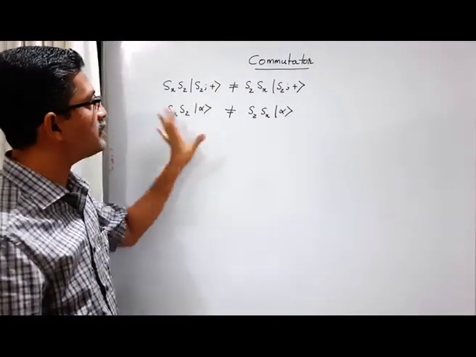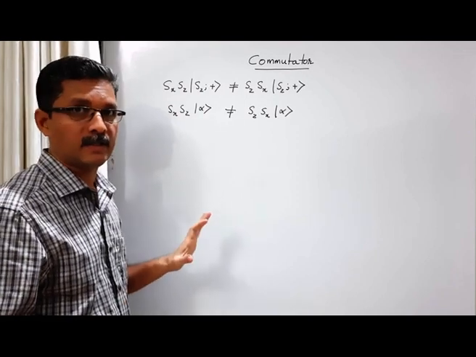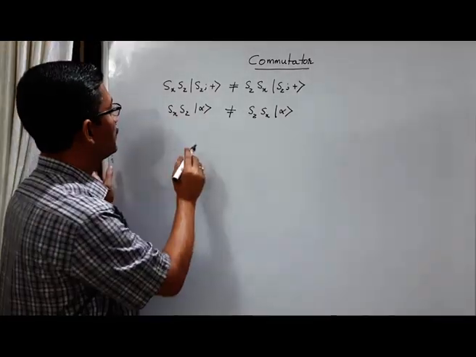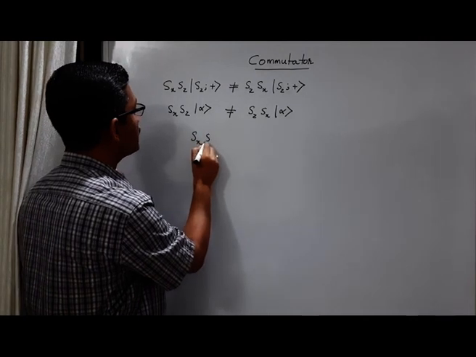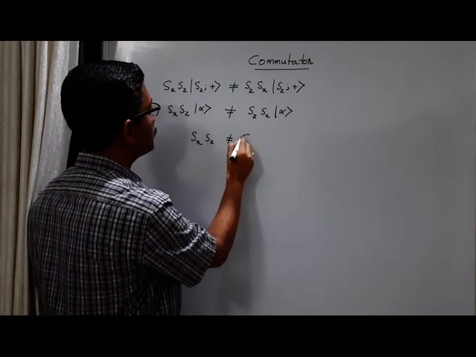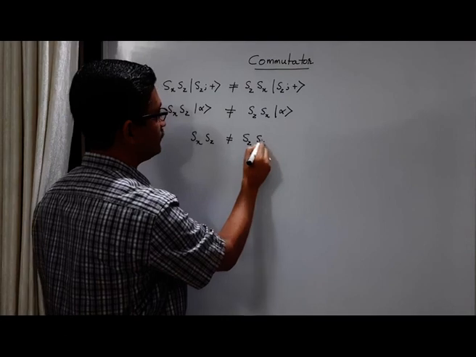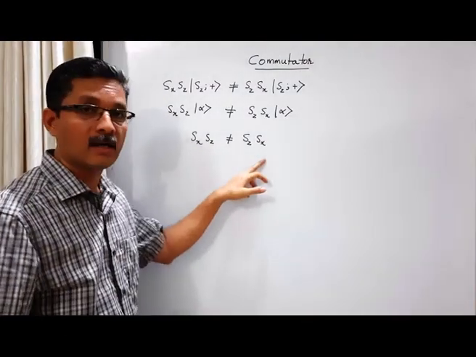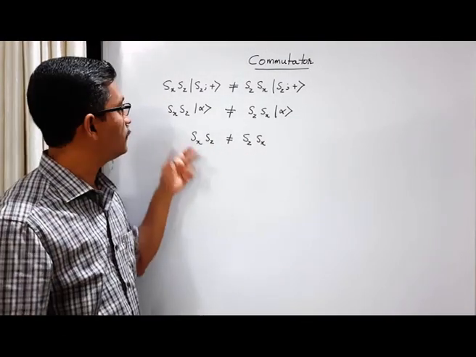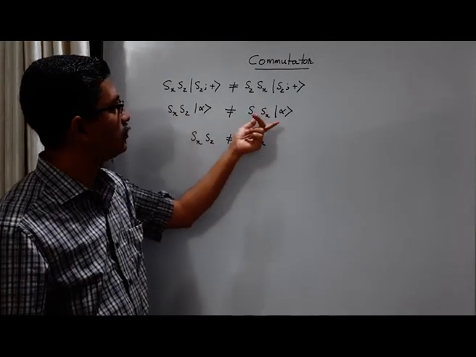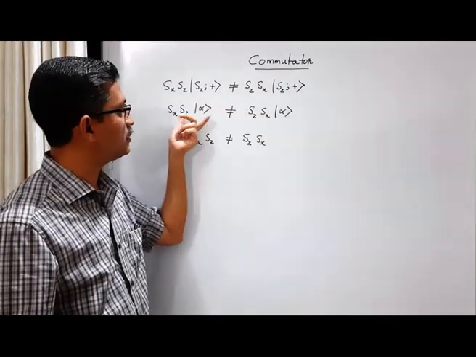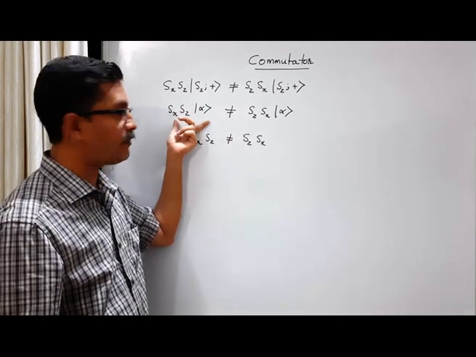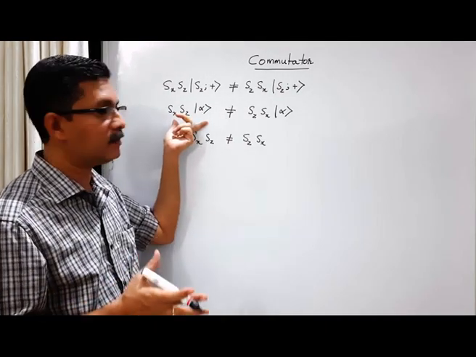So if this relationship is true for any arbitrary ket, then we can say that Sx Sz is not equal to Sz Sx. That means this operator relationship is true. This part is not equal to this part. I mean, this is a vector, right? This is a modified vector.